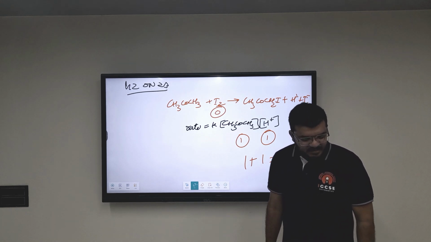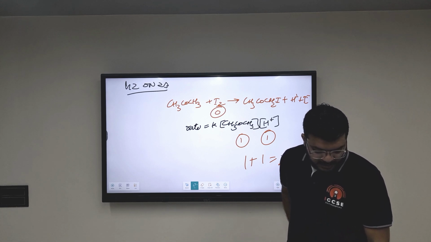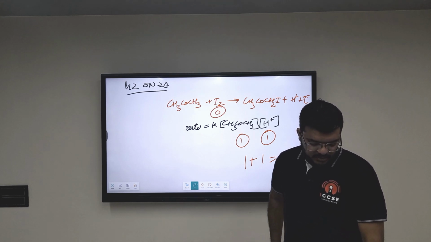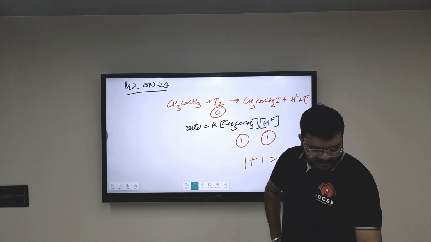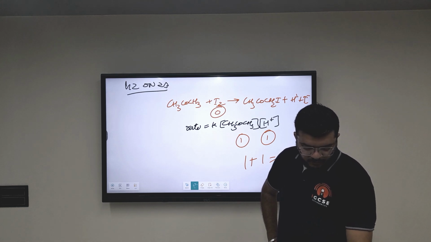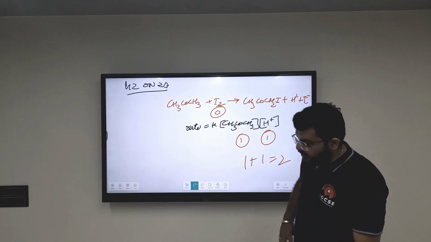Okay, we asked this too. Now they are saying an experiment is performed using a large excess of CH3COCH3 and a large excess of H plus. The initial concentration of I2 is given, and the initial rate of decrease of I2 is given. Use the axes to draw the concentration of I2.